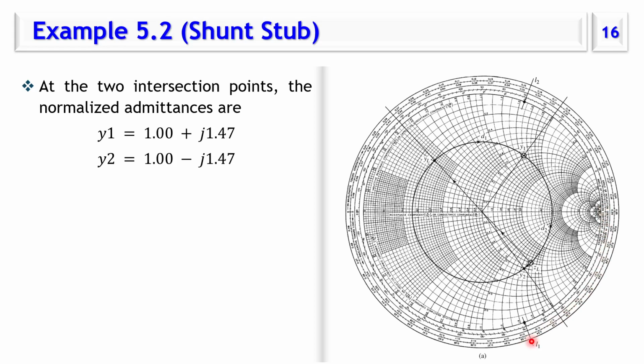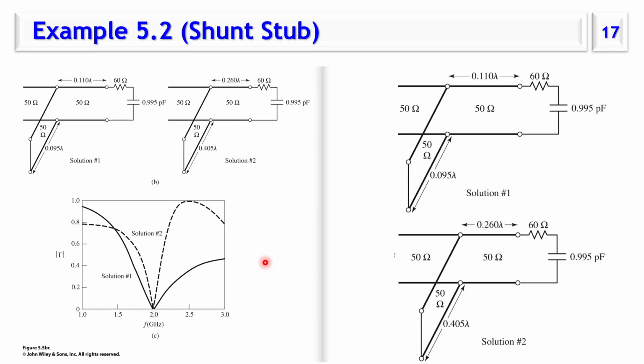So this length is less than 0.1. You will find it's 0.095. For the second solution, we move to admittance equal 1.47. So we go from this point all the way to this L2, which is 0.405, something like that. So those are the two solutions.